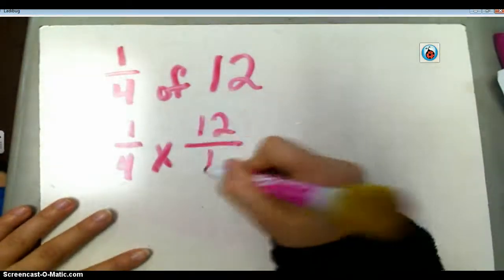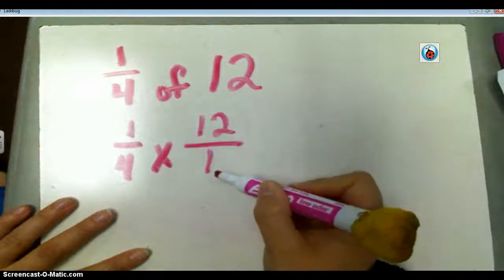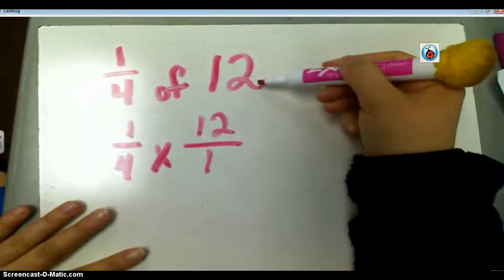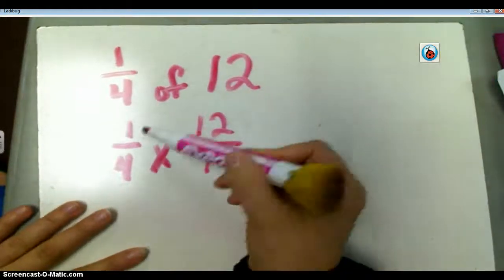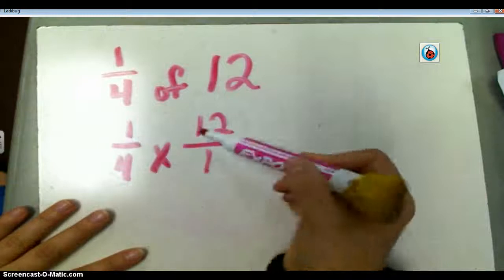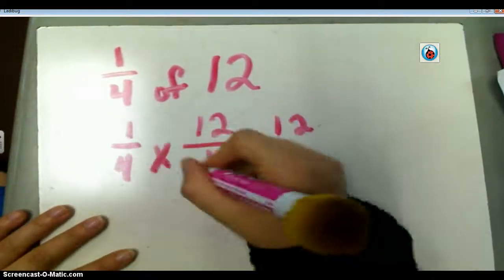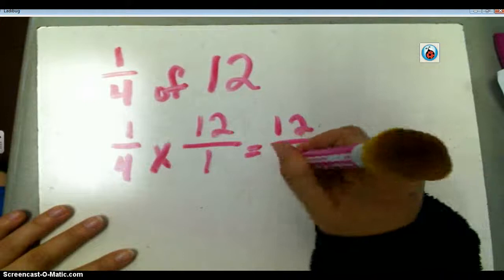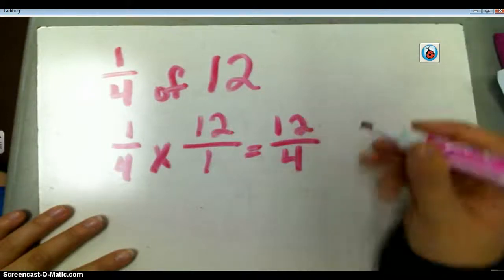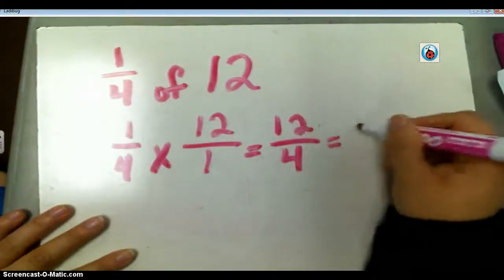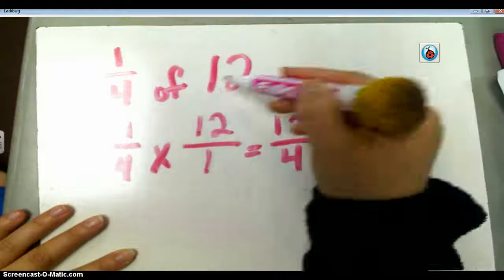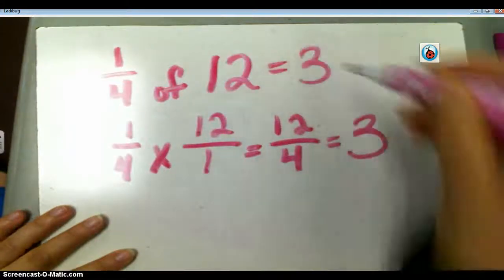All I do is I put a 1 underneath because 12 divided by 1 equals 12. See how many times 4 goes? So 1 times 12 is 12, 4 times 1 is 4. 12 divided by 4 is 3. So 1/4 of 12 equals 3.